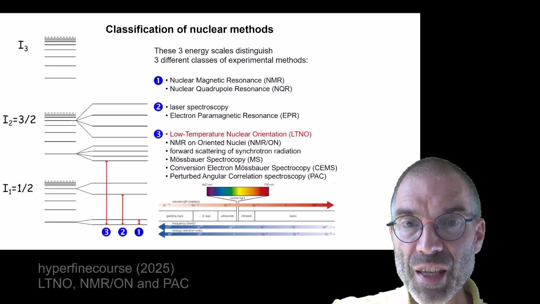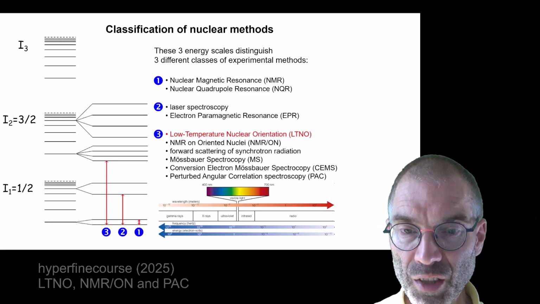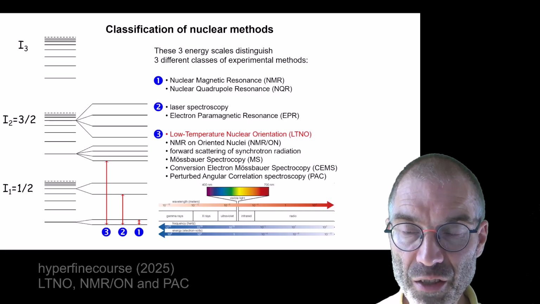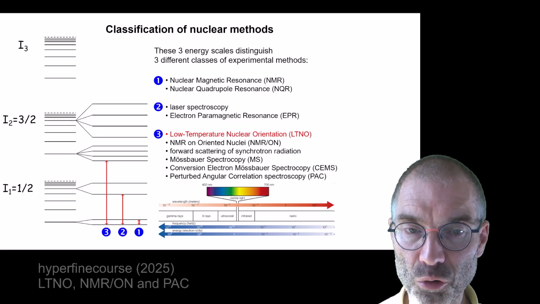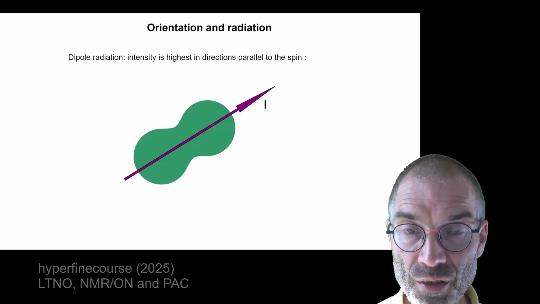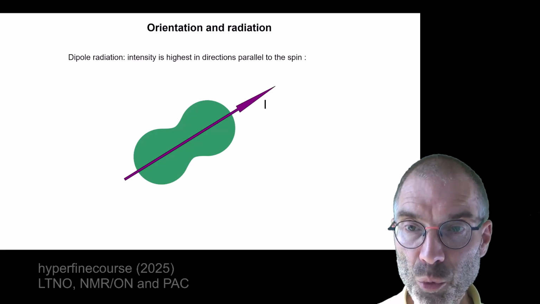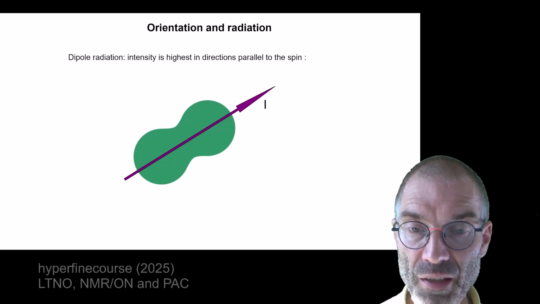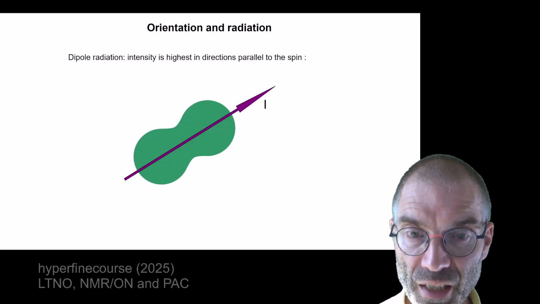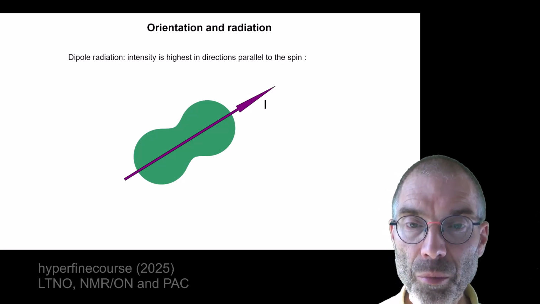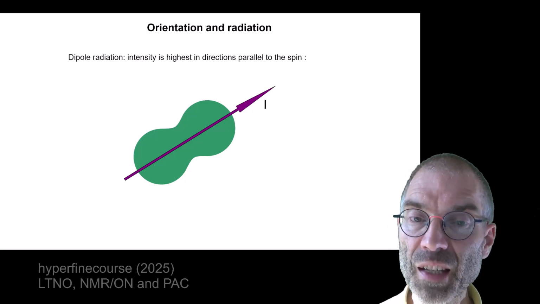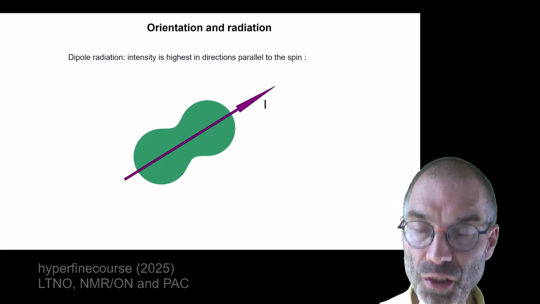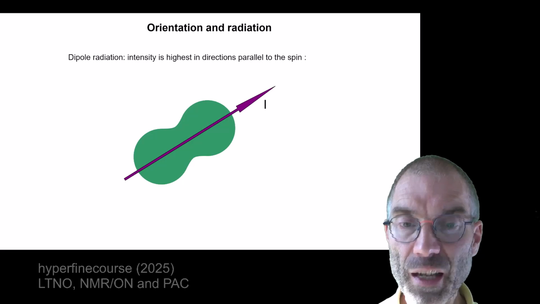In our scheme of nuclear methods, the 3 methods that we will study today are both methods of type 3, so there are nuclear transitions involved. And with all of these methods, what is important is that very often the probability to emit a gamma ray or another particle in radioactive decay is anisotropic, it's direction dependent, with often the axis of the nuclear spin being the high probability direction.